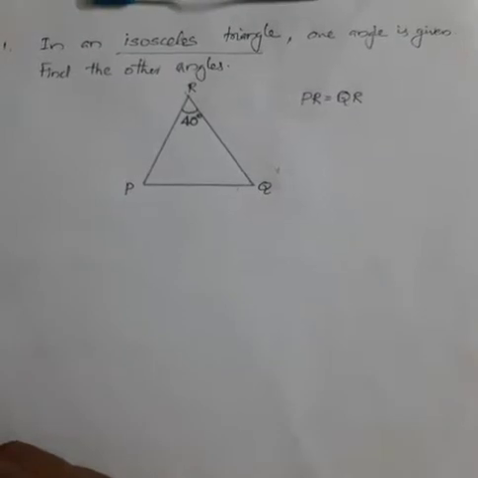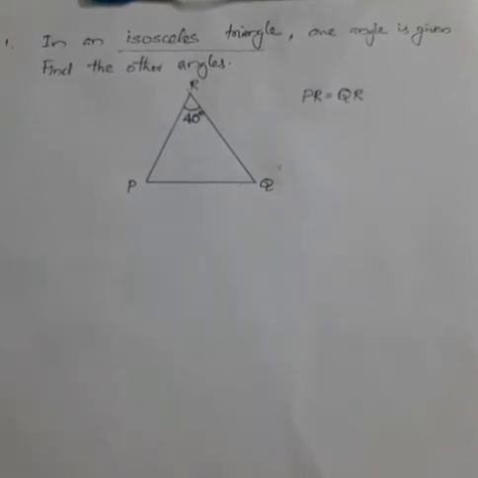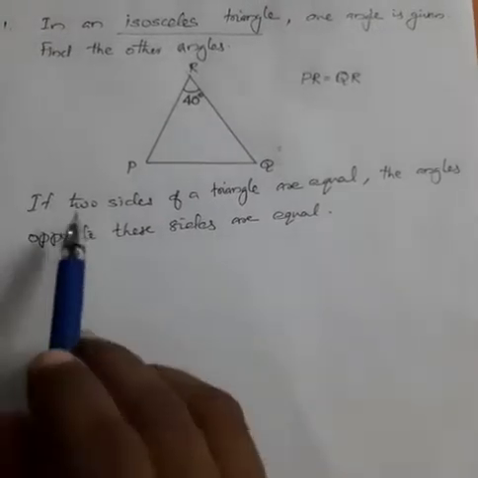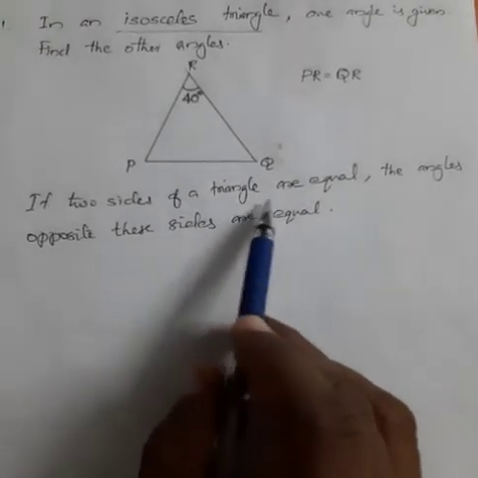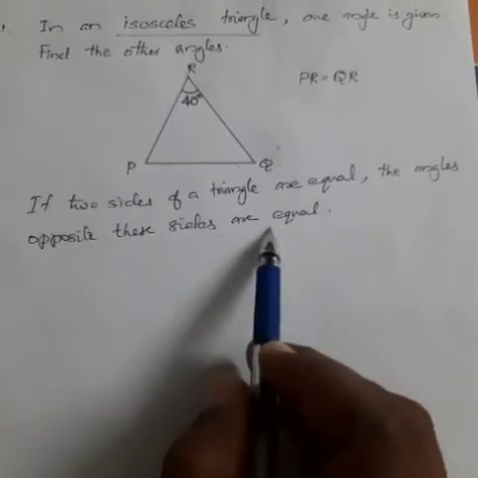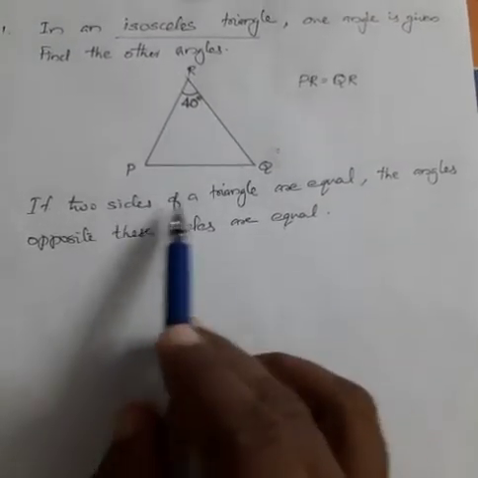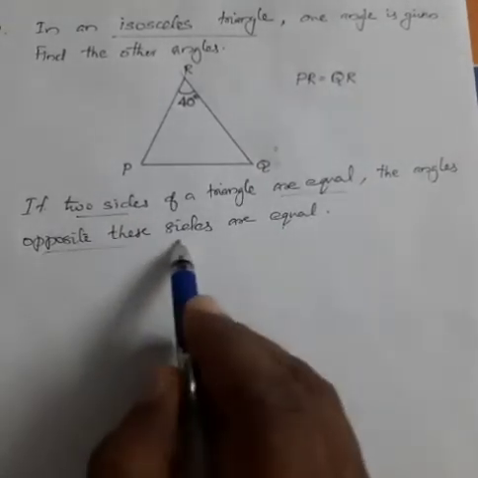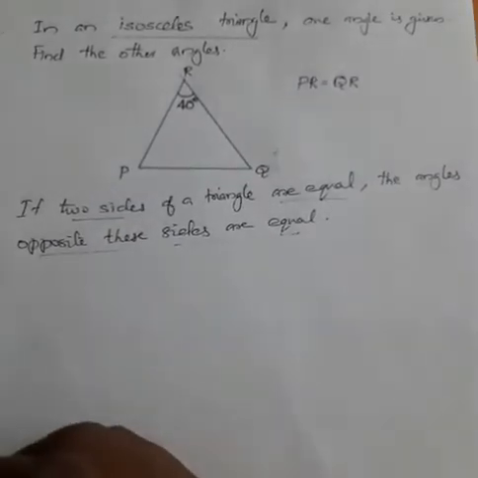You know the speciality of an isosceles triangle. If two sides of a triangle are equal, the angles opposite to these sides are equal.